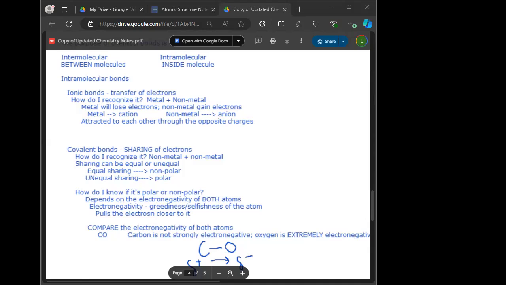Okay, now let's take a look at covalent bonding. Covalent bonds are always going to involve a sharing of electrons.